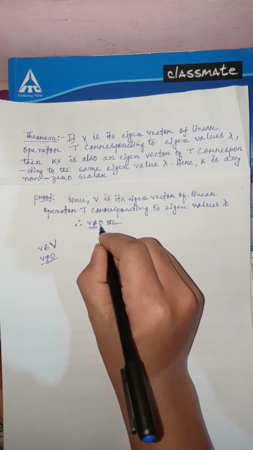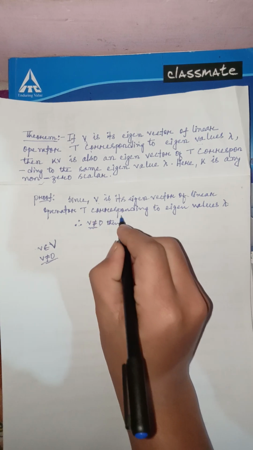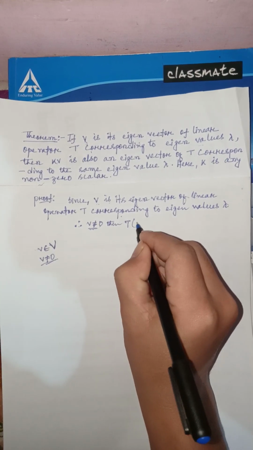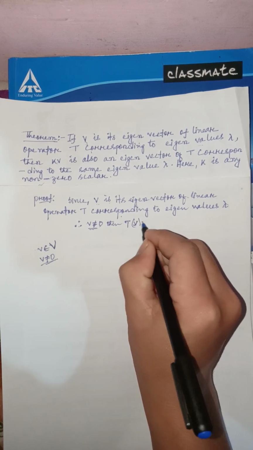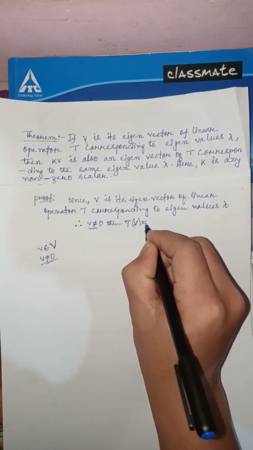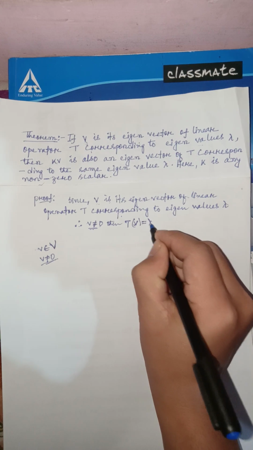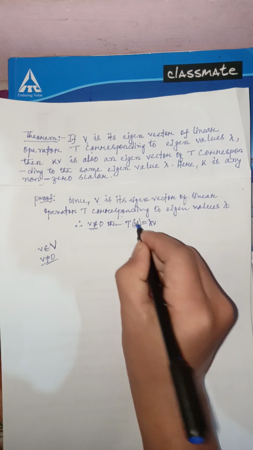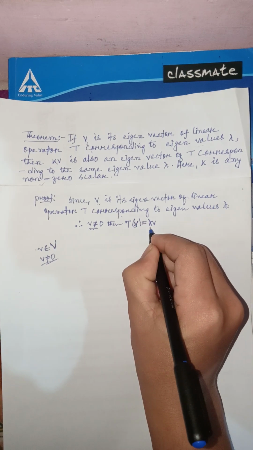Then if v is not equal to 0, by using these words we know that T of v is equal to lambda v, right? We call this one the eigenvector and this one the eigenvalue.